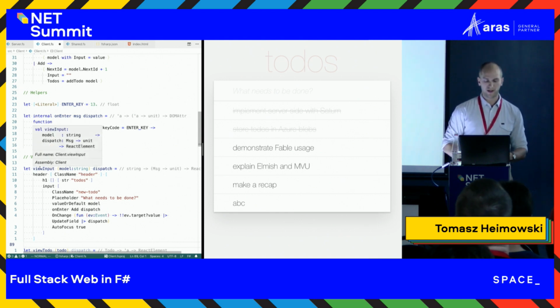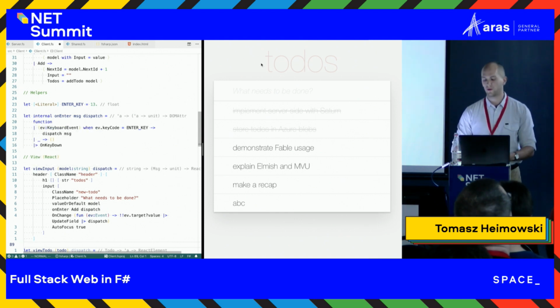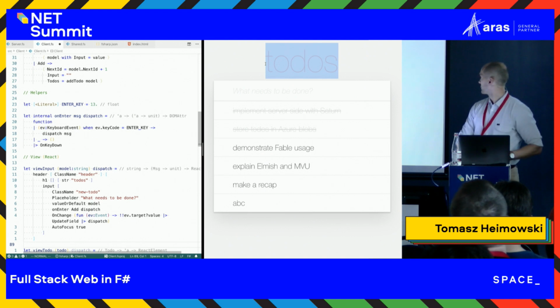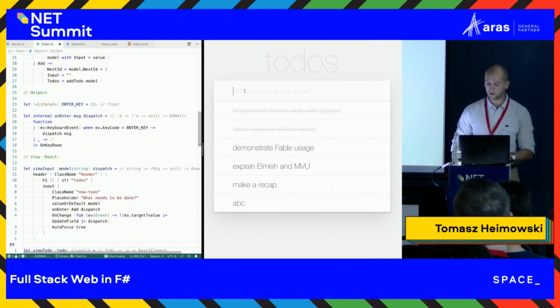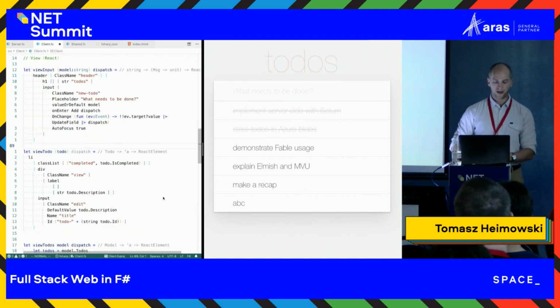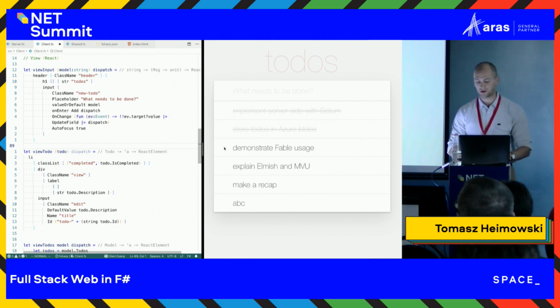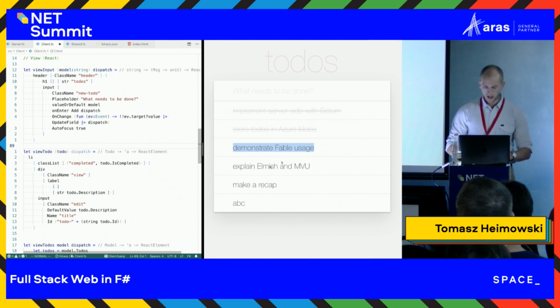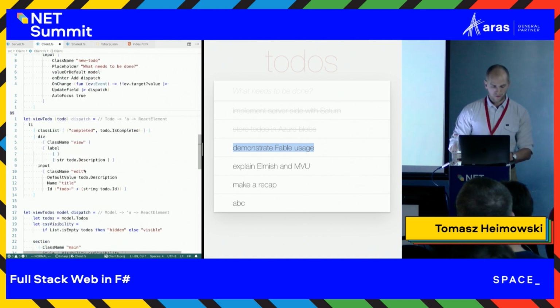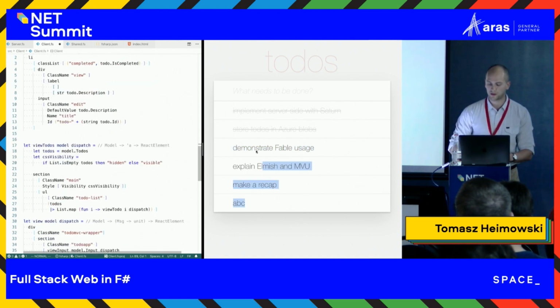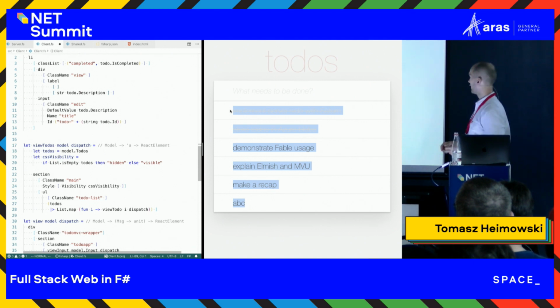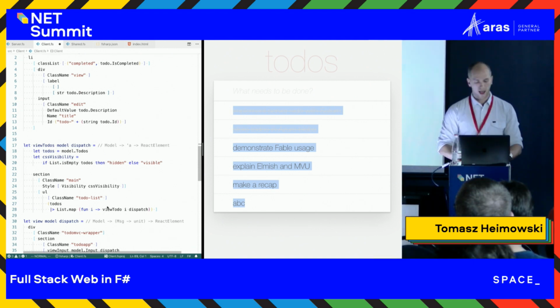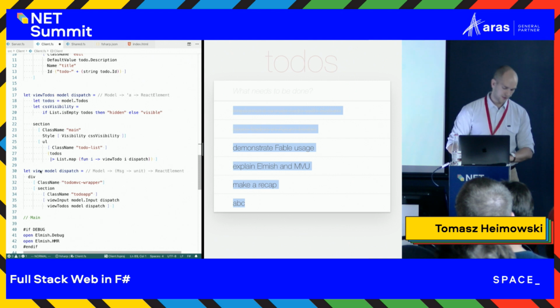This function over here, view input, is responsible for rendering this label and the input itself. Then we've got a function called view to-do, which is responsible for rendering just a single to-do on the list. And then view to-dos is a function which renders all the to-dos.